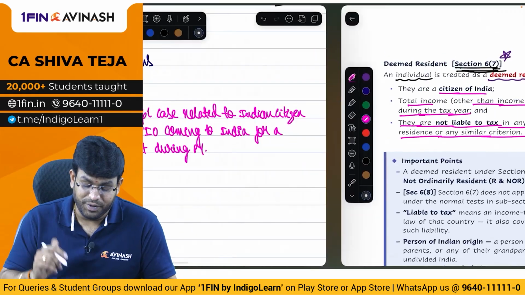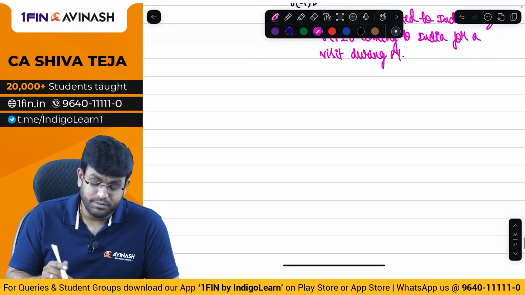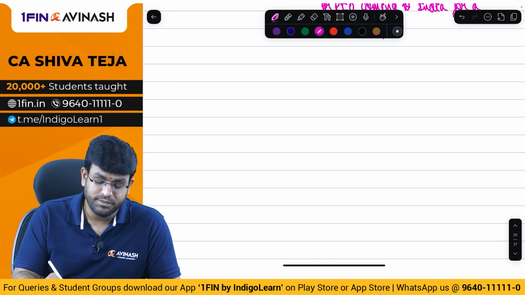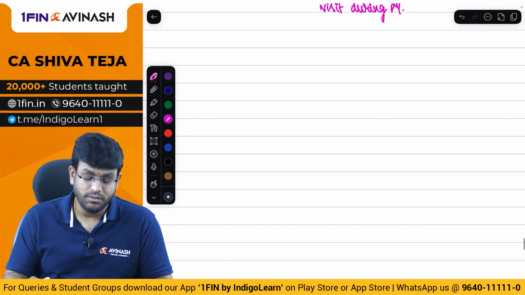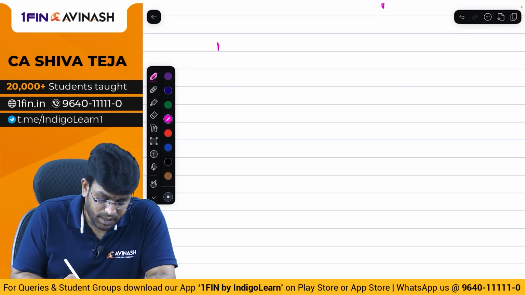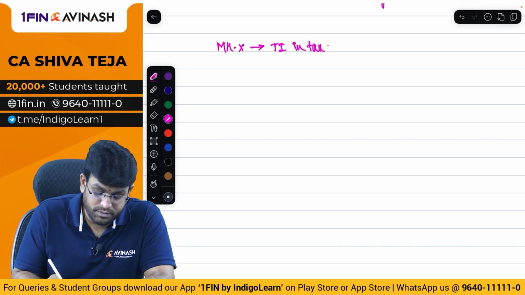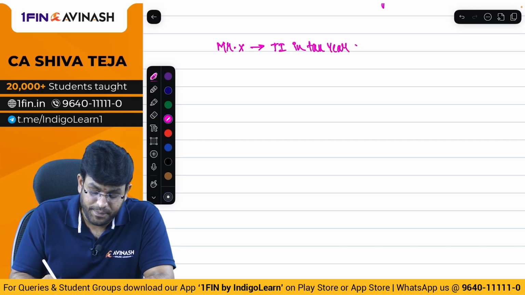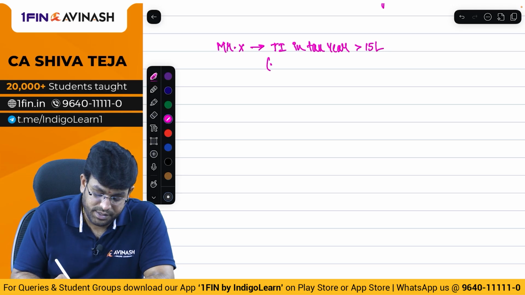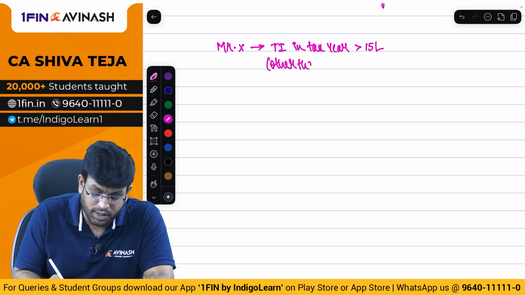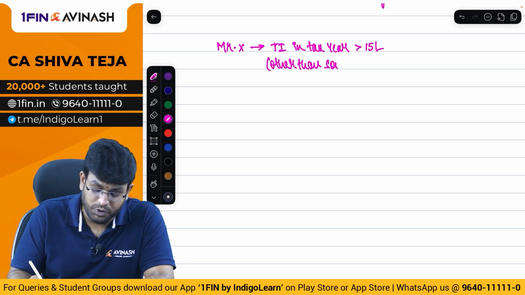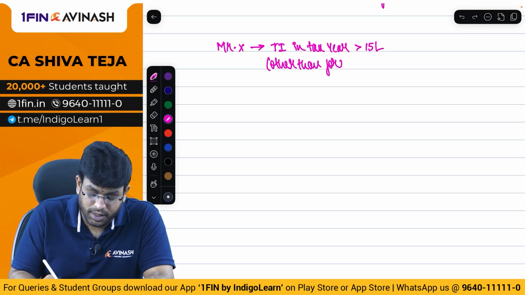So for example, my dear friends, let's take a situation like this. Let us say there is one person, Mr. X. His total income in the tax year is greater than 15 lakhs, and when I say total income, I am talking about total income other than foreign sources.